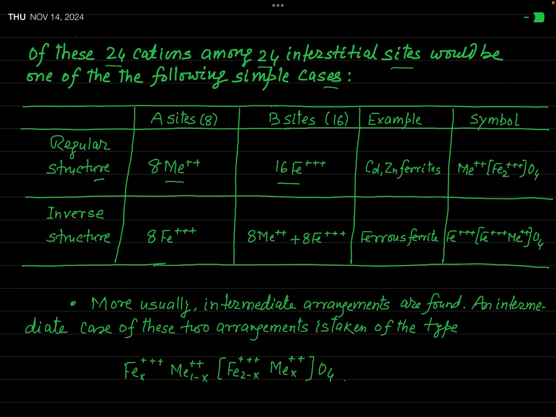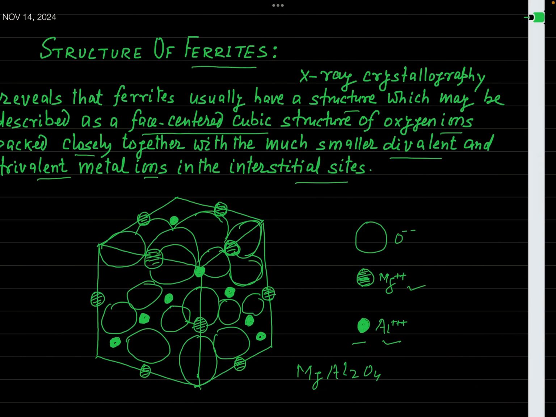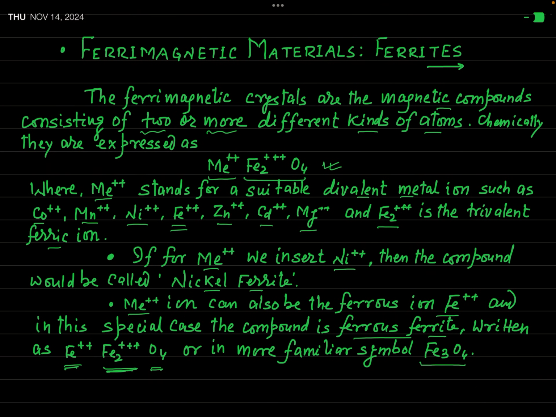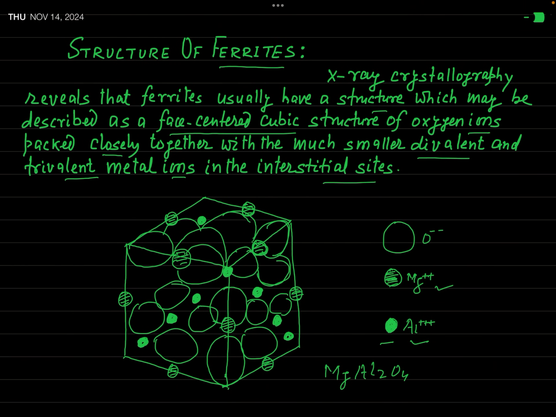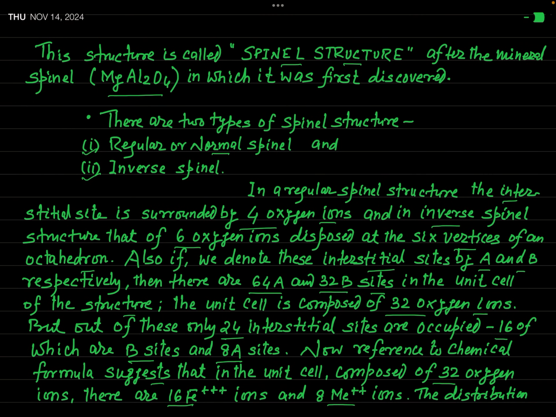For example, in place of this Me double plus, you can take Cd or Zn, or you can also take Ni, or you can take Mg in place of this Me.